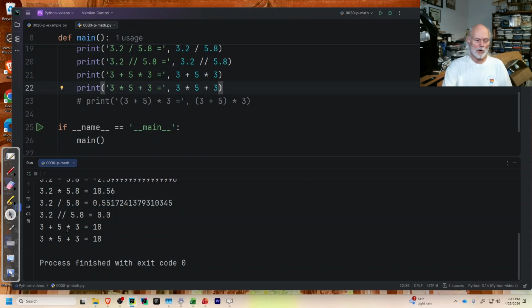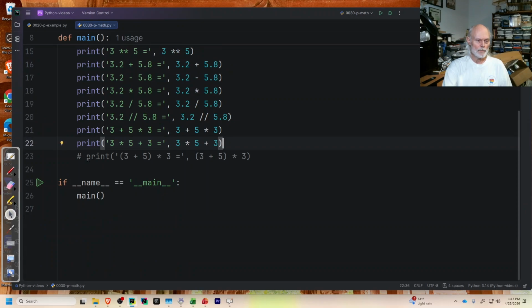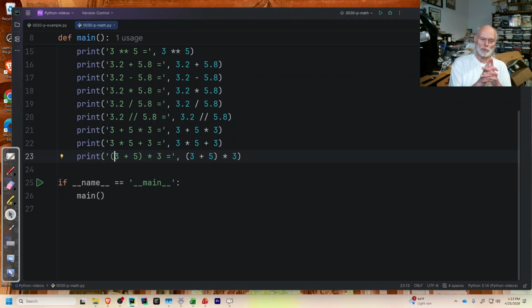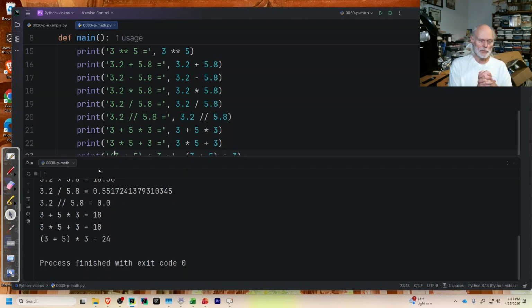Well, what if I wanted the addition to come first? I can do that by using parentheses. By putting the 3 plus 5 in parentheses, it tells the computer, do the addition first. And when we run this now, we get 24.